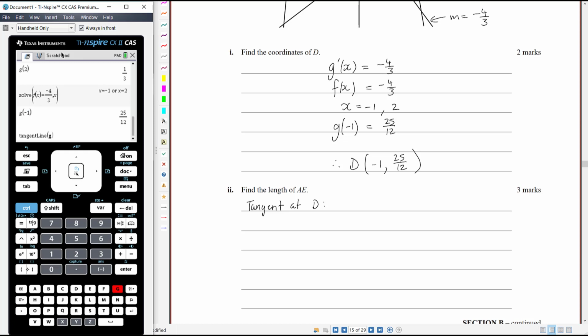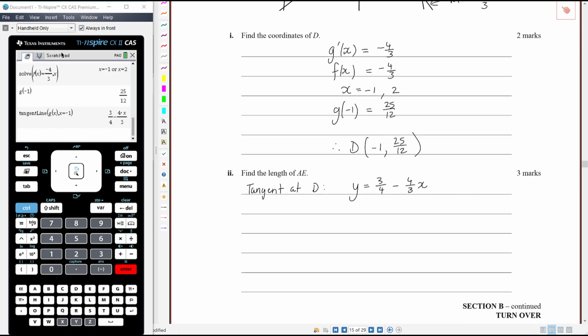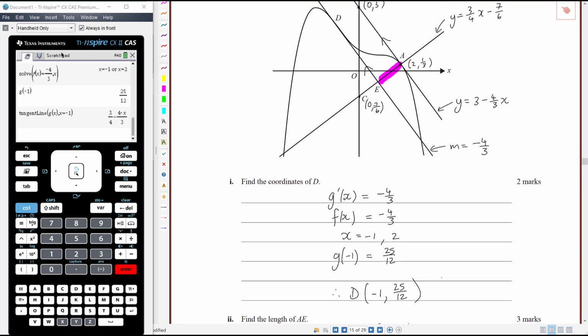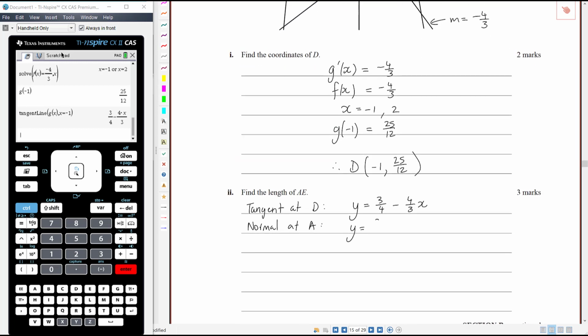Tangent to G of x, when x is equal to negative 1. Okay, so the tangent at D is y equals 3/4 minus 4/3 x. And the normal at A was y equals 3/4 x minus 7/6.